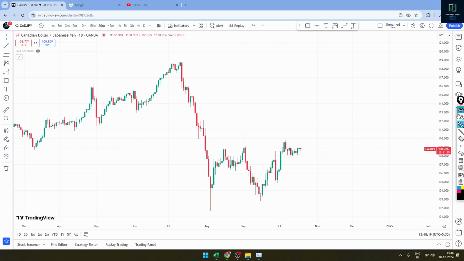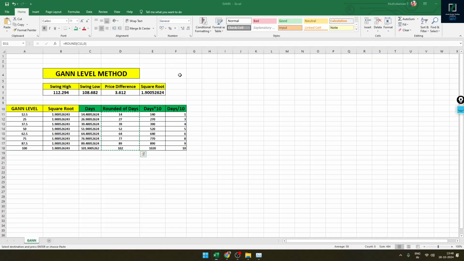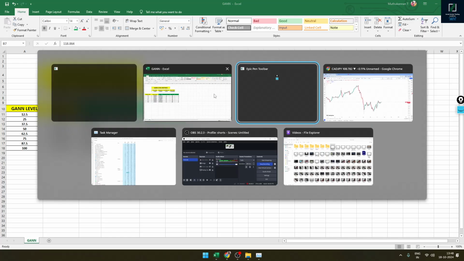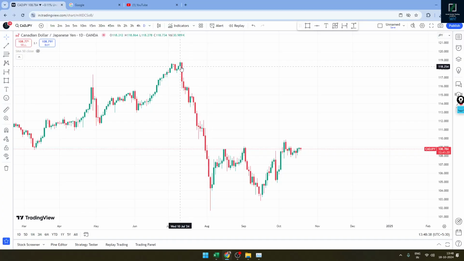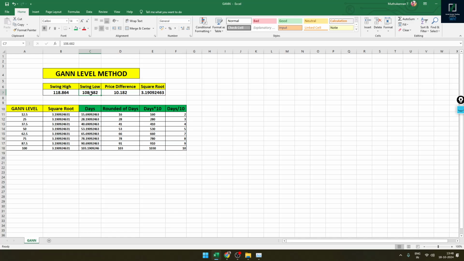So let's take this high. What is this high? This high is 118.864. Let's go to the Excel sheet. 118.864. Okay, and that is a significant high and a significant low. This is the significant low. 101.660, 101.660.